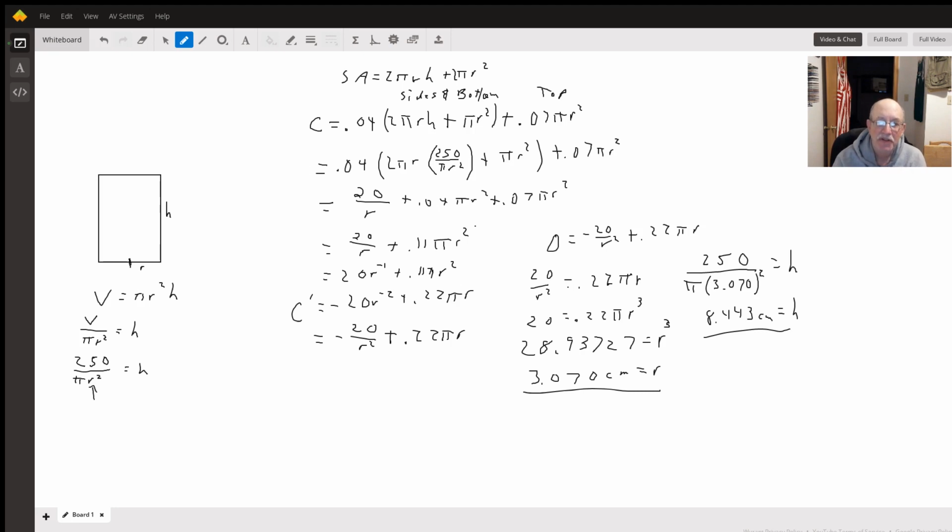Then we substituted in for the r. Multiplied that all out and got 20 over r plus 0.11 pi r squared was the cost function. Then we took the derivative of that, set it equal to 0, and we got the radius was 3.070 centimeters, and the height of the can was 8.443 centimeters.